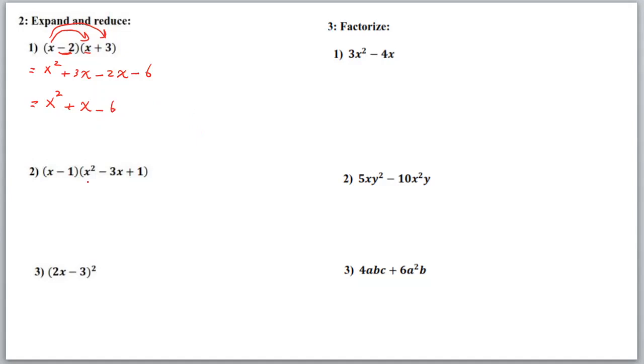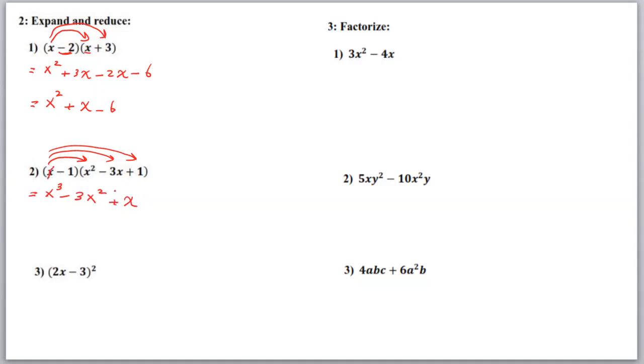Okay. Second one, we multiply x by x squared minus 3x plus 1, term by term. So we start first by x times x squared, x cubed. x times minus 3x will be minus 3x squared. Then x times 1, it will be x. And then we start with the second one.